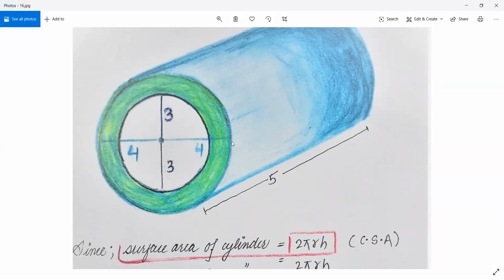For the outer, we have radius 4, and for the inner, it's 3. So when you subtract the inner area from the outer area, you get the green shaded part of this diagram.